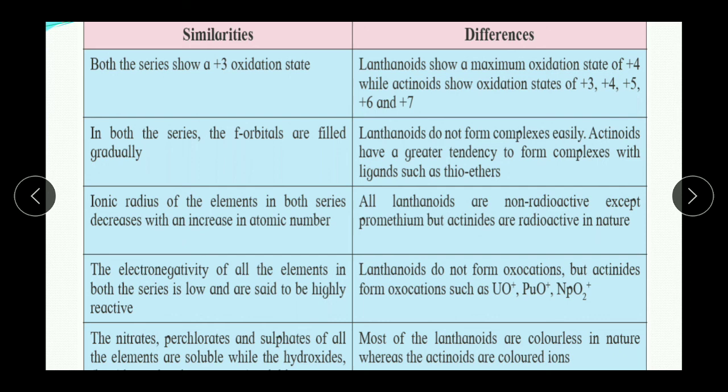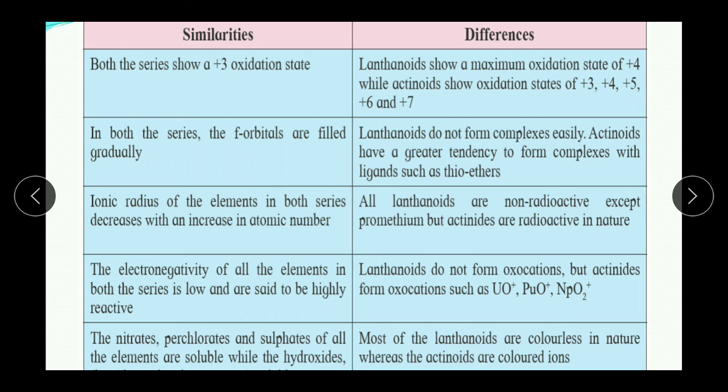All lanthanoids are non-radioactive except promethium, but actinides are radioactive in nature. Now, if we look at the periodic table, atomic number 82 is lead. After lead, all the elements are radioactive, while lanthanides are in between.